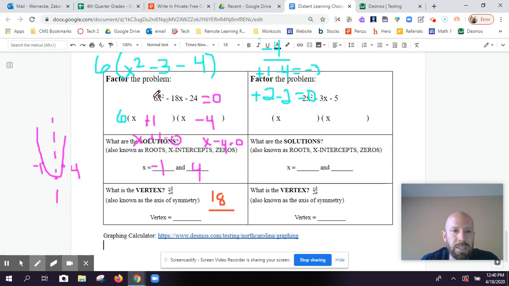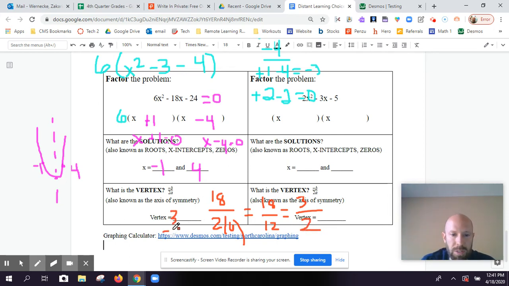A again is the number that's in front of the x squared, which happens to be 6. We're going to need 2 of those, so 2 times 6 is going to give us 12. So we're going to have 18 divided by 12, and we could simplify that. 6 is going to go into each of those numbers. 6 goes into 18 3 times, and 6 goes into 12 2 times, so it's going to be 3 halves.